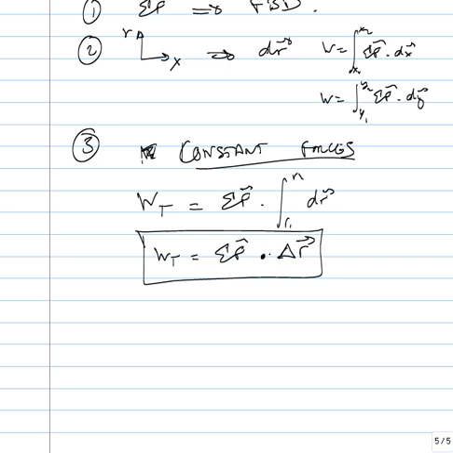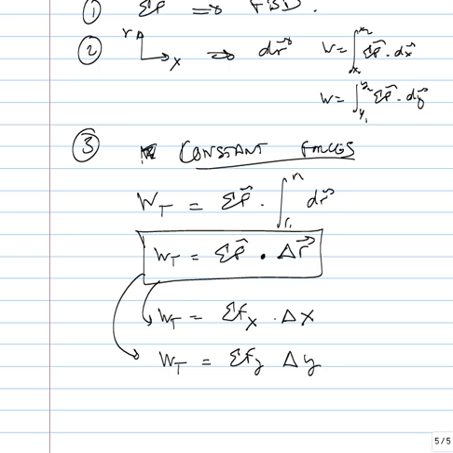So again, if you're moving in the x direction, this will become the sum of the forces in the x, that's all you need, times delta x. If you're moving in the y direction, then this can be rewritten as the sum of the forces in the y direction times delta y, after you've taken, of course, the dot product.